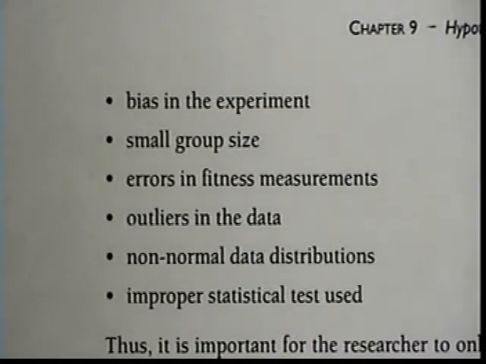We go through and we have a study, and we want to say that this group that does this exercise regimen will lose weight, and the other group that doesn't do the exercise regimen will not lose weight. So our null hypothesis would be that there's no difference in the weight loss.